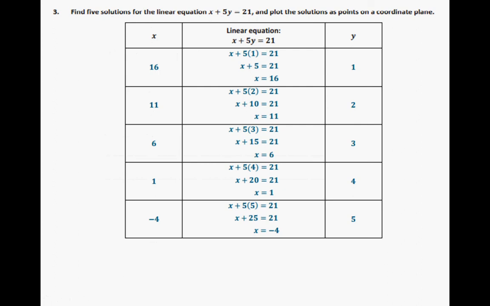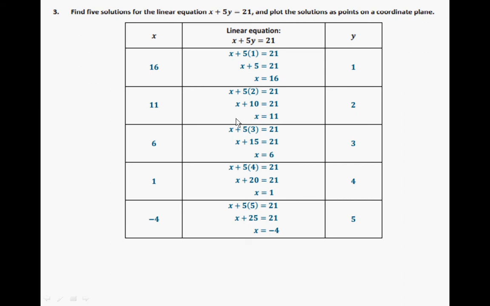For question 3, a little bit same thing. We have some more work that is involved. Again, depending on what numbers you picked, sometimes you can pick some negative numbers also. 0 is also a good number to pick. But in this case, all these numbers that are picked will equal whole numbers.